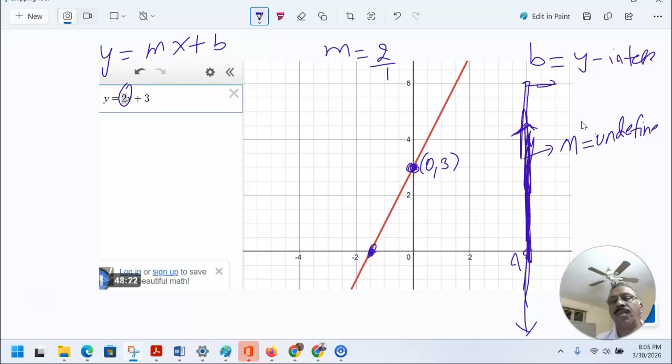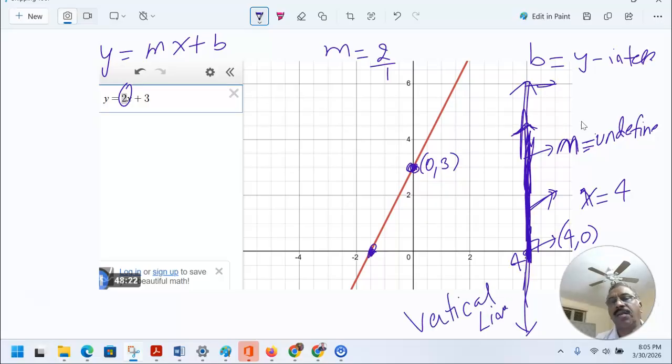It goes through 4, so the x-intercept is (4, 0), and the equation of this line is x equals 4. So when m is undefined and the line does not have a slope, it is a vertical line, here passing through 4.